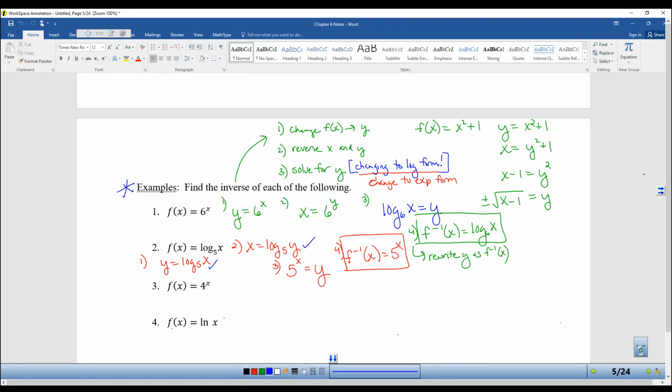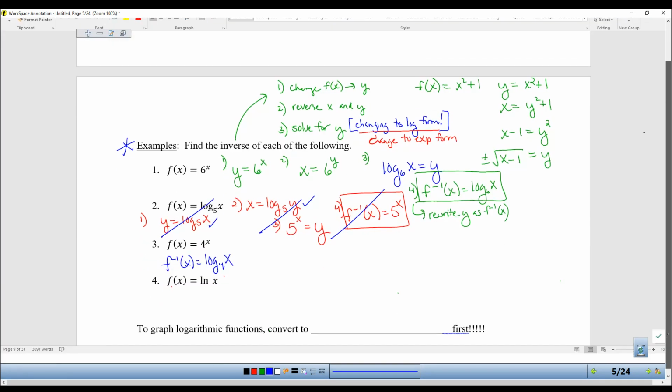So I'll tell you another way to think about it, and that is, in much more general terms, if you have 4 to the x, remember, exponentials and logarithms are inverse functions, then the inverse function is log base 4 of x. Just that simple. You can avoid all these steps just by saying, well, if you have 4 to the x, then the inverse is log base 4 of x.